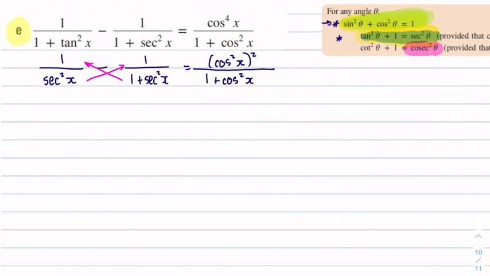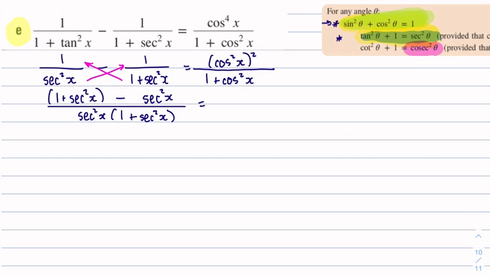So I've got 1 plus sec squared x minus sec squared x over sec squared x times 1 plus sec squared x equals cos squared x squared over 1 plus cos squared x.